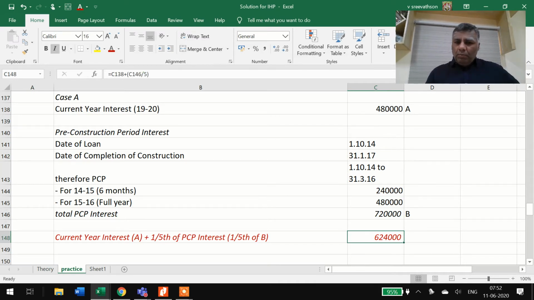So in the financial year 1920, that is assessment year 2021, you can claim current year interest plus 1/5 of PCP. The law says if it is let out property, claim the entire 624. If it is self-occupied property, you can only claim 2 lakhs.